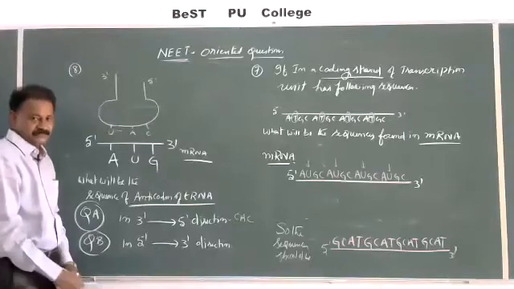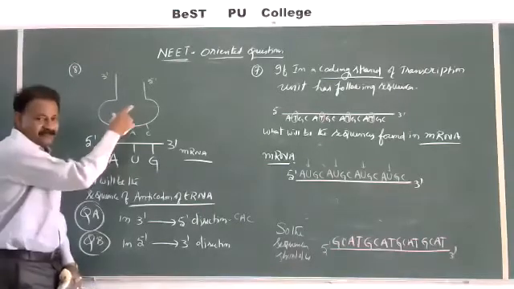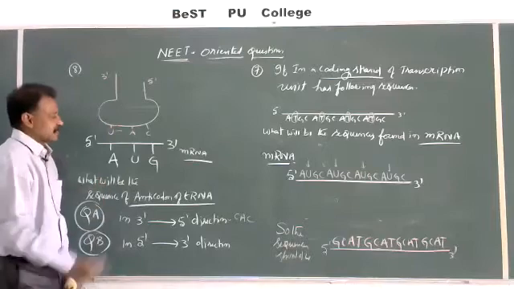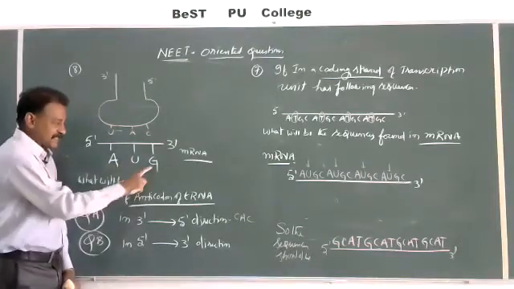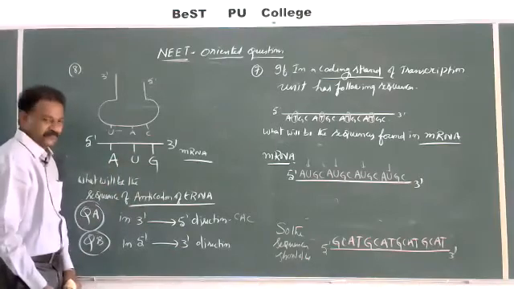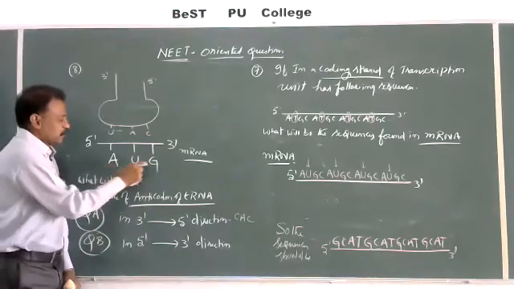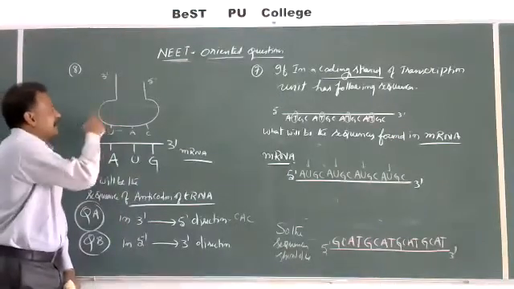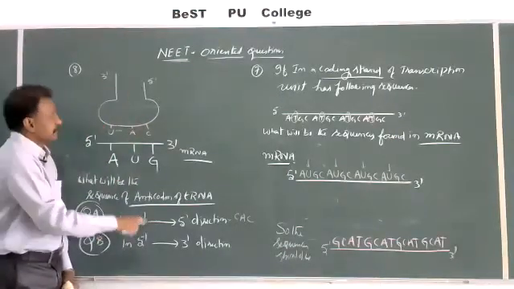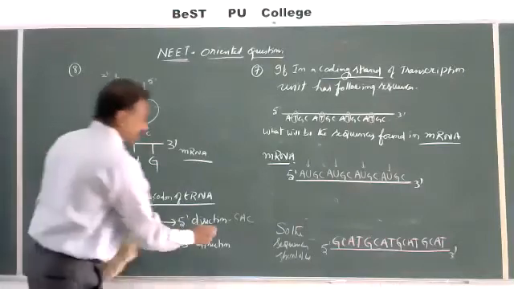Listen, my dear students, I have given one common. This is second question. If the codon is AUG, I have not changed the third, I have changed the first one. AUG. Anticodon should be 3 to 5 prime, UAC.